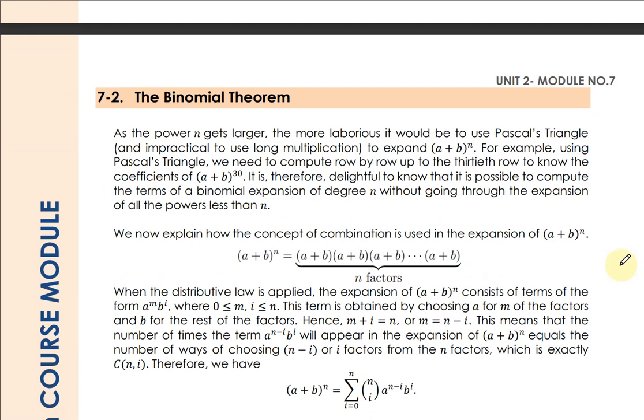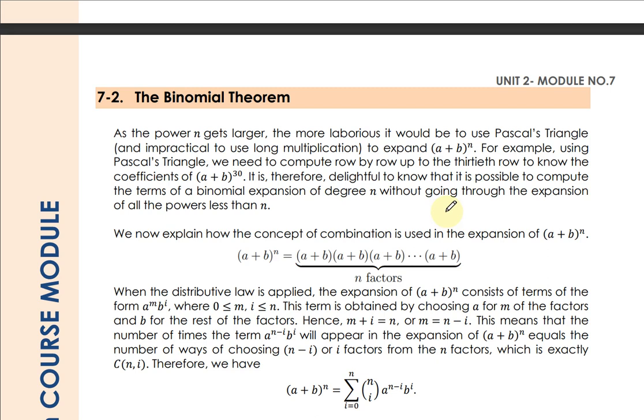As the power of n gets larger, the more laborious it would be to use Pascal's triangle. Kung n ang atong pancake, dako kay nga number, then ang atong triangle taas kayo. So for example, using Pascal's triangle, we need to compute row by row up to the 30th row to know the coefficients of a plus b to the power of 30. So imagine, dagan kayo taas kaya itong triangle na.